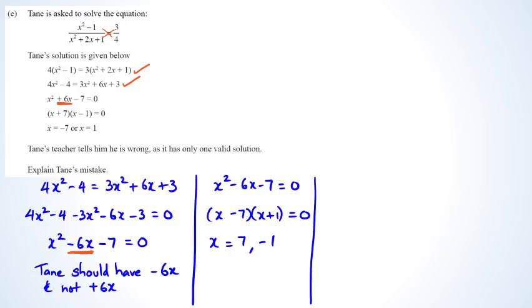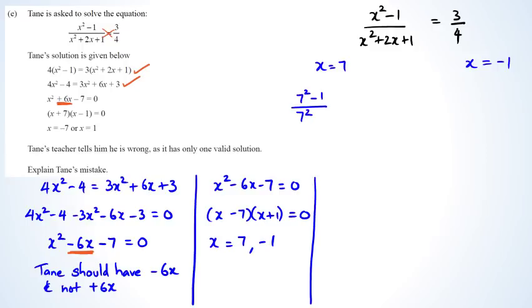So the equation is x squared minus 1 divided by x squared plus 2x plus 1 equals 3 over 4. On one side I'm going to do x equals 7, and on the other one I'm going to do x equals negative 1. When I substitute 7 into the equation, I've got 7 squared minus 1 divided by 7 squared plus 2 times 7 plus 1, which should equal 3 over 4. Now 7 squared is 49, so I've got 49 minus 1 divided by 49 plus 14 plus 1.